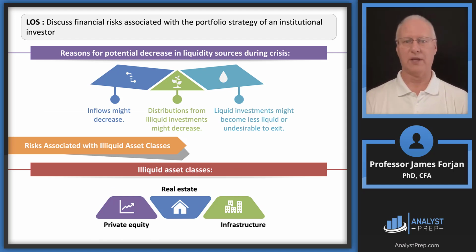So inflows might decrease, distributions, liquid investments might become less liquid. That always holds true during stock market crashes. And so remember when we drew that normal distribution and we had the value at risk over on the left side. Maybe we did it 5%, maybe we did it 1%, whatever that was down there.